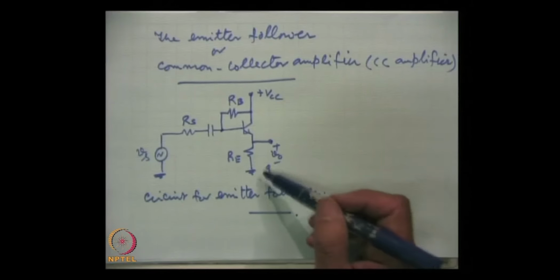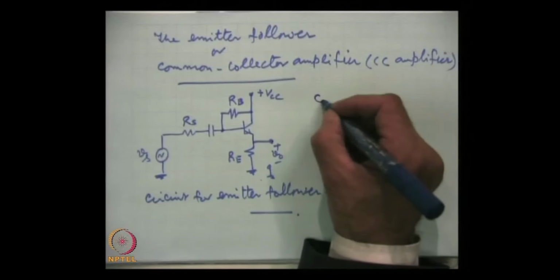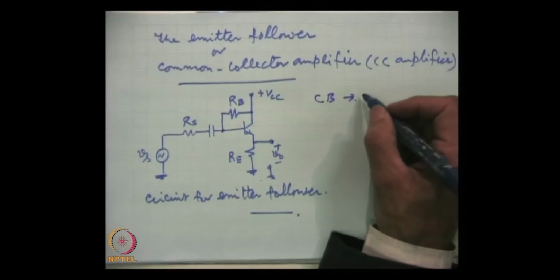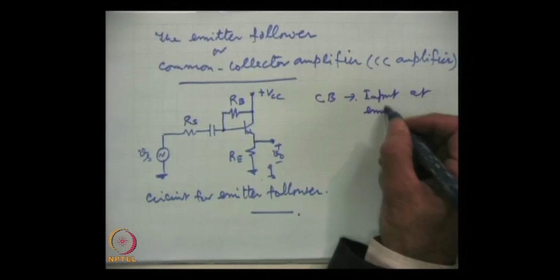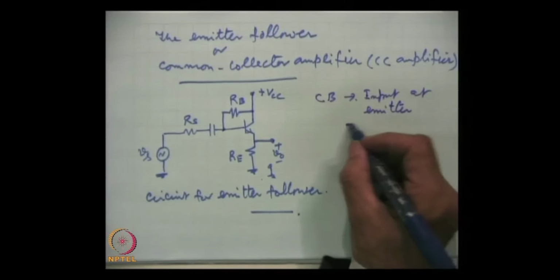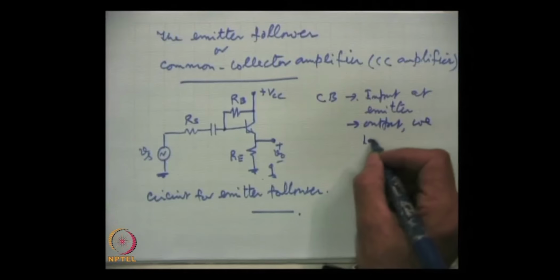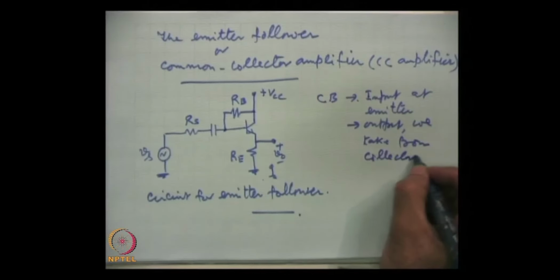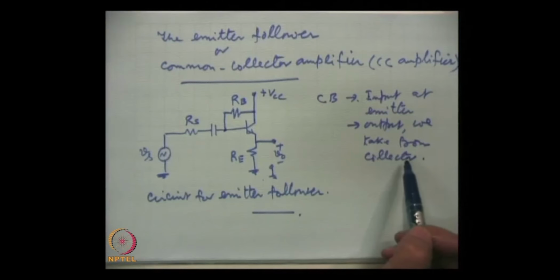It is very important to note this difference, because in common base we connect the input to the emitter, and the output we take from the collector. Input we give to the emitter, output we take at the collector.